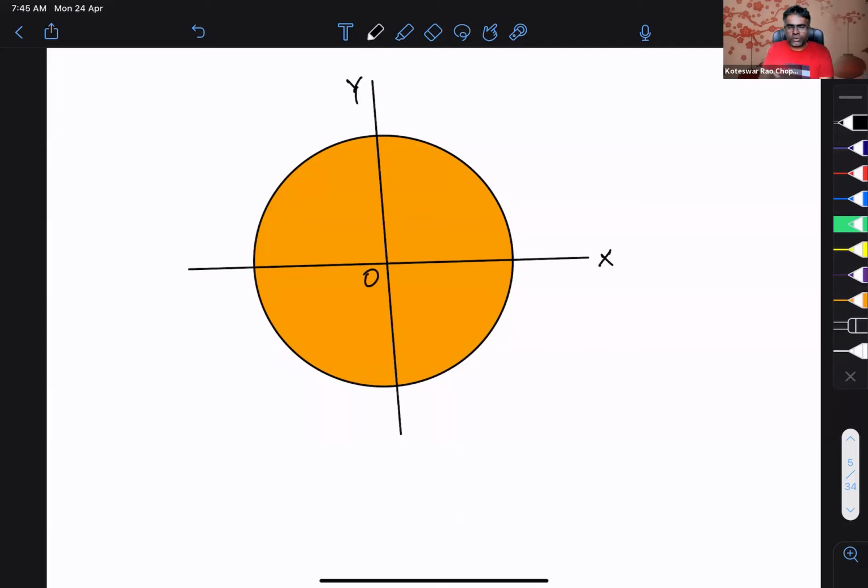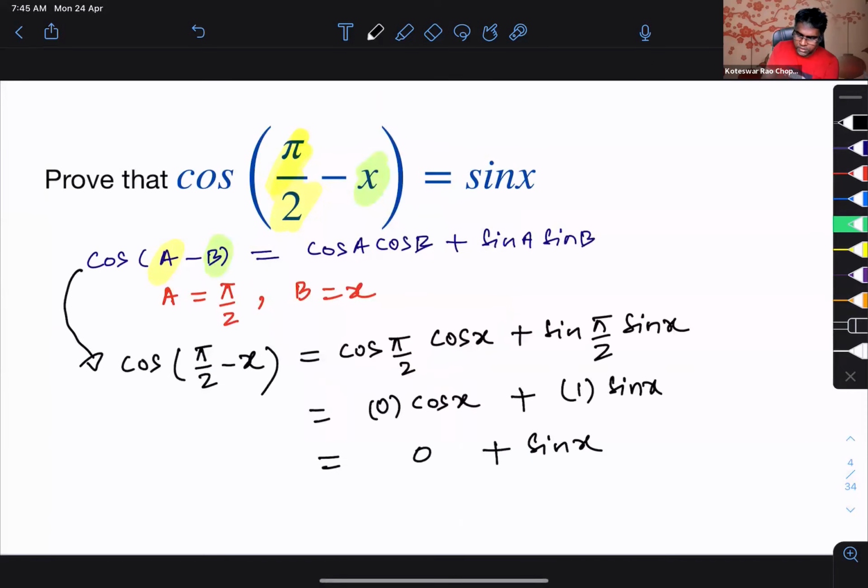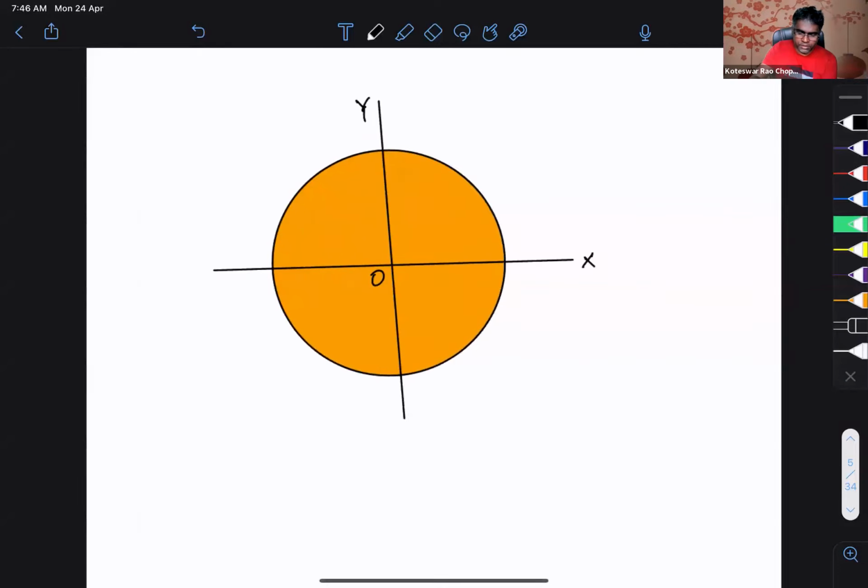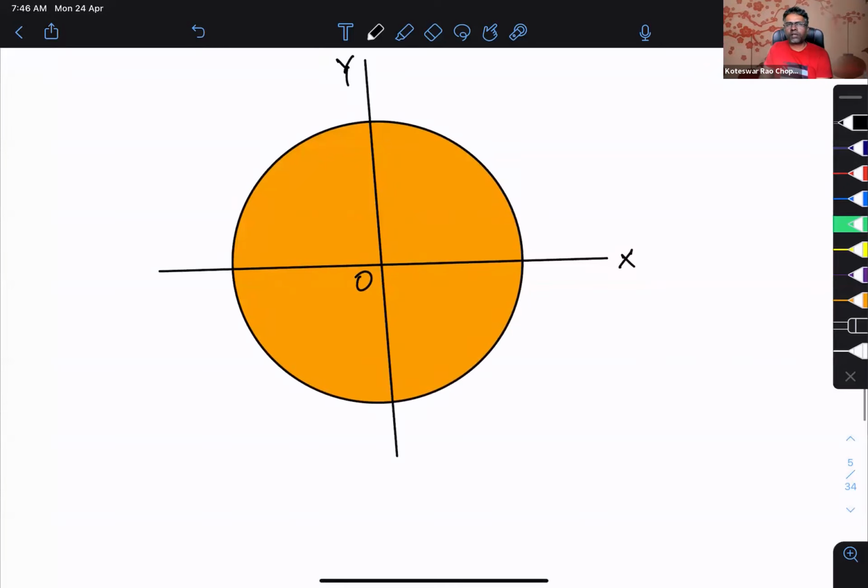Okay. Now we can actually try and understand this using the unit circle. Okay, so cos of pi by 2 minus x we are doing, right? So what can we do here? Suppose I take x as positive, okay, so x is a positive number.